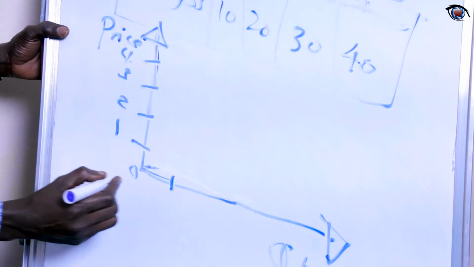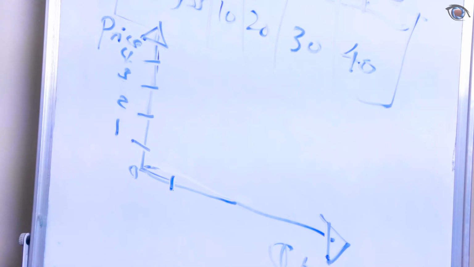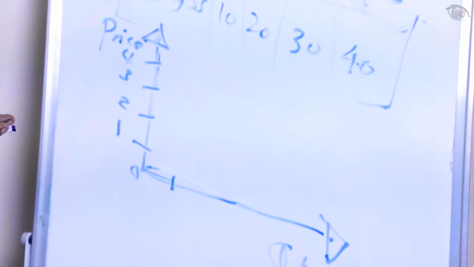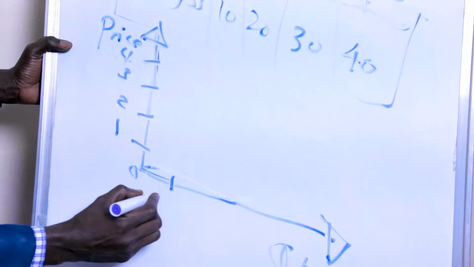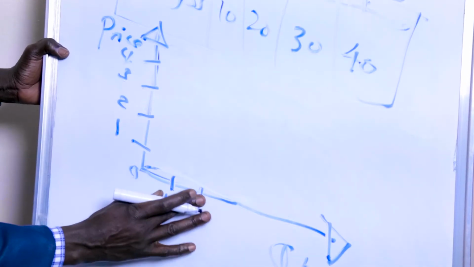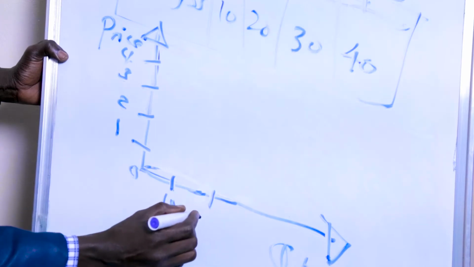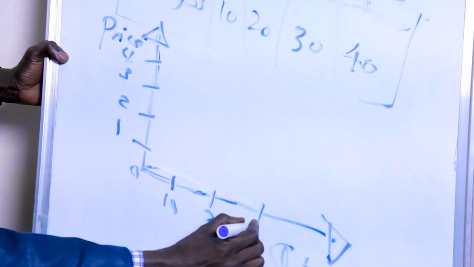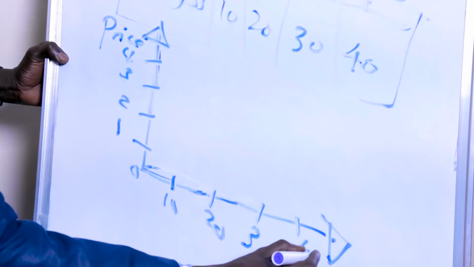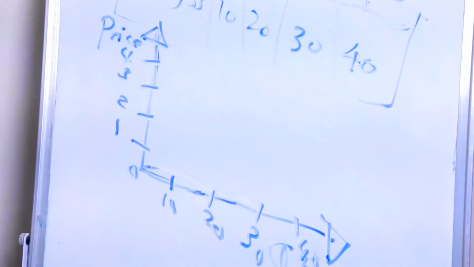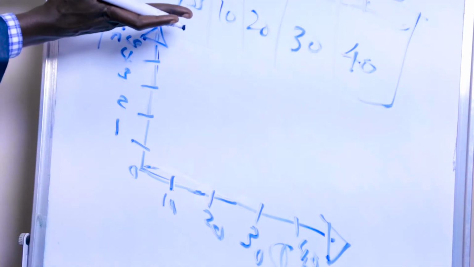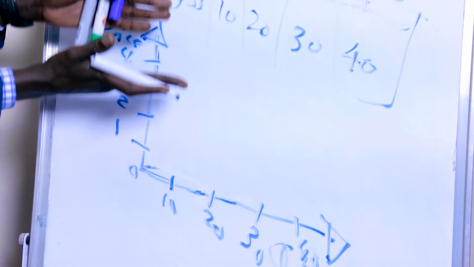We don't have to use a scale either, because it's 0, 10, 20, 30, and here we have 40.